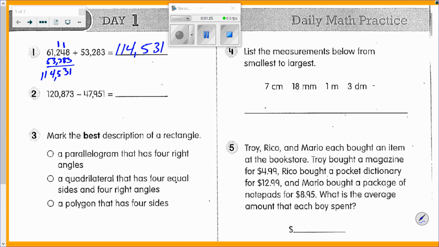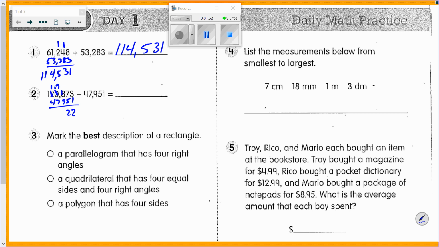Okay, our next one, number 2, subtraction. Same idea as with addition. I just need to make sure my place values line up. So 47,951. Subtracting 3 minus 1 is 2. 7 minus 5 is 2. Can't do 8 minus 9, so I need to borrow. And I actually need to do a double borrowing because I can't go 0.